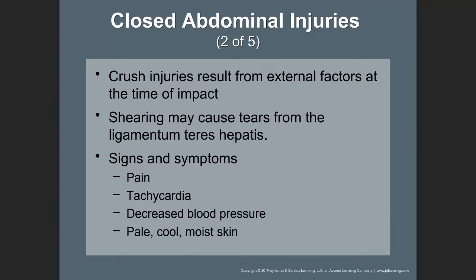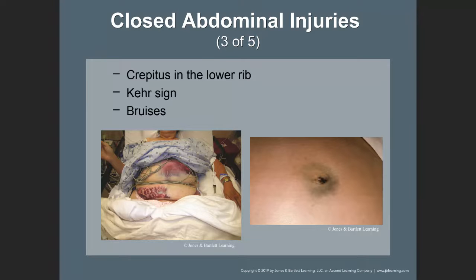Shearing may cause tears from the ligamentum teres hepatis. Signs and symptoms: pain, tachycardia, decreased blood pressure, pale, cool, moist skin. Crepitus in the lower ribs can be present.